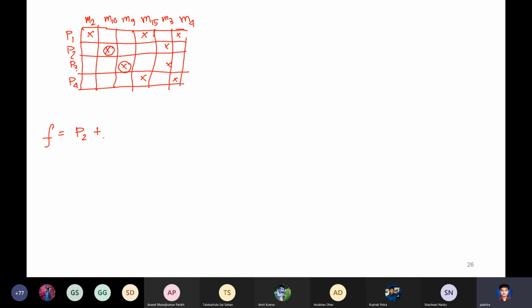Why? Okay, let me modify it a little bit. P1 is no longer essential. So P2, P3 are essential, so they anyway have to be there in my final logic expression. What about the rest? Non-essential. So I modify this chart as follows.